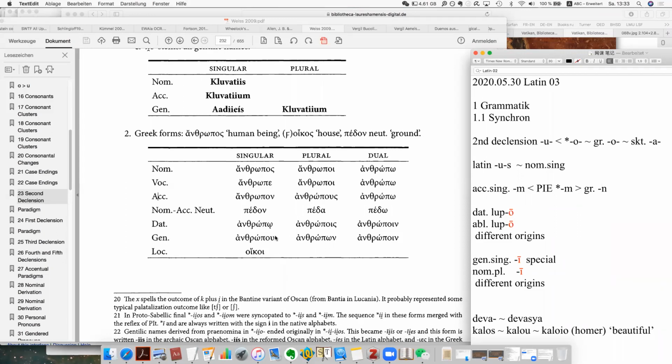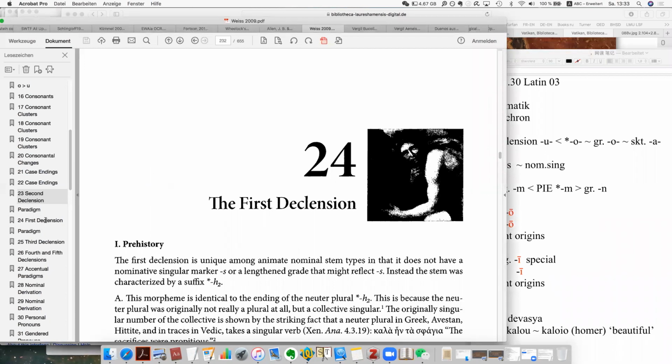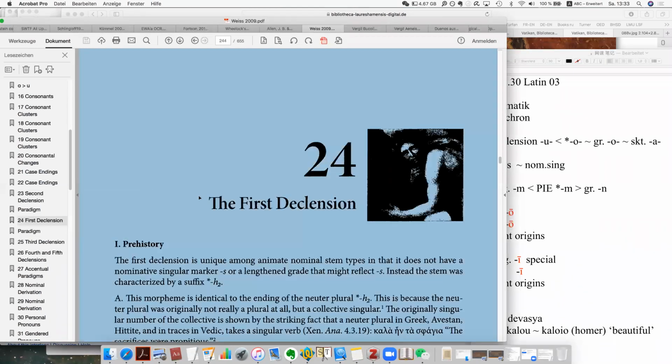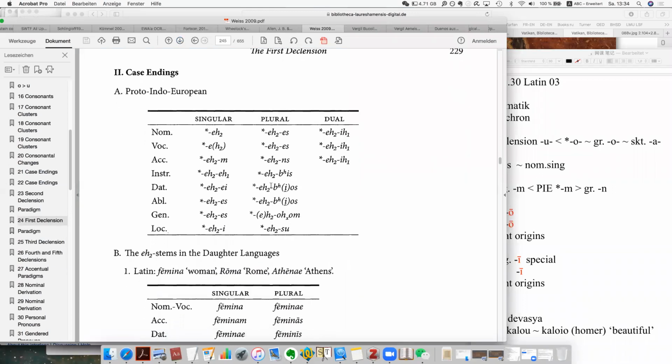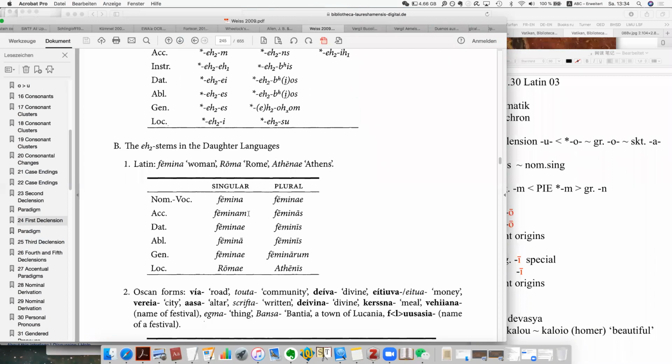Okay, so this is basically the second declension, and then we move on to the first declension. The first declension has the feminine forms, like femina. I guess you all know what femina is. We also have in English feminine, right?